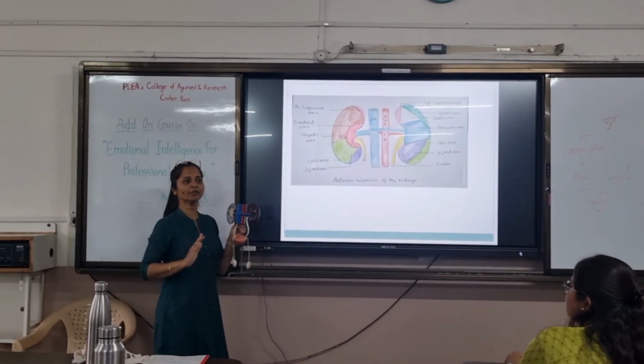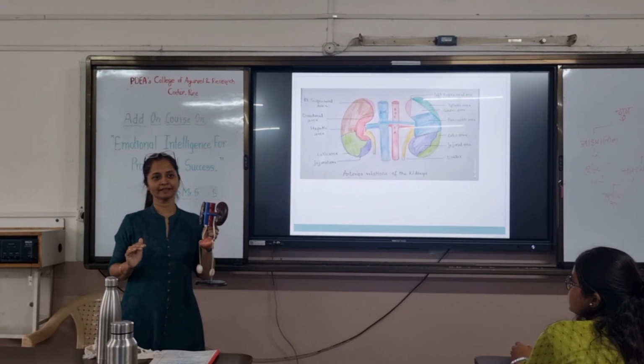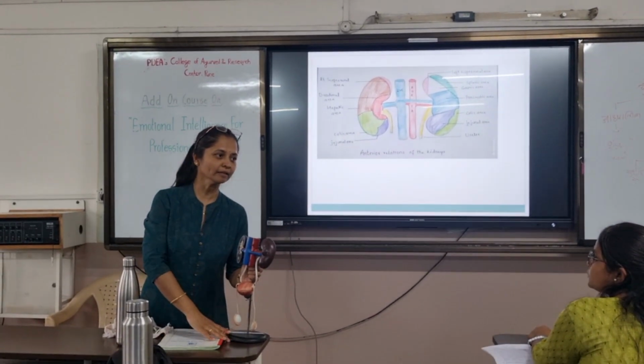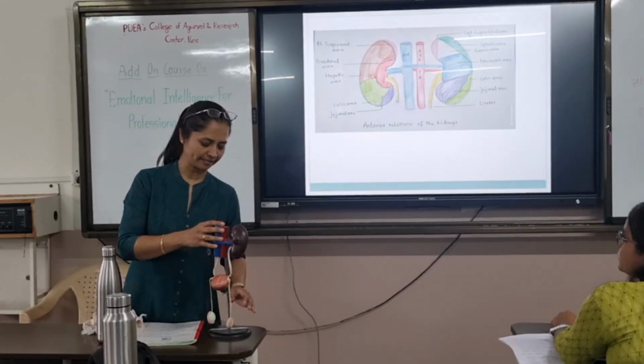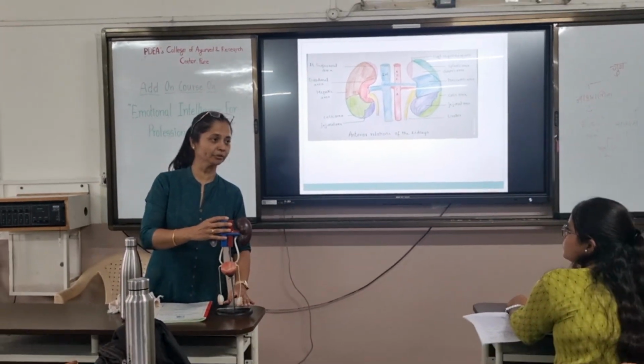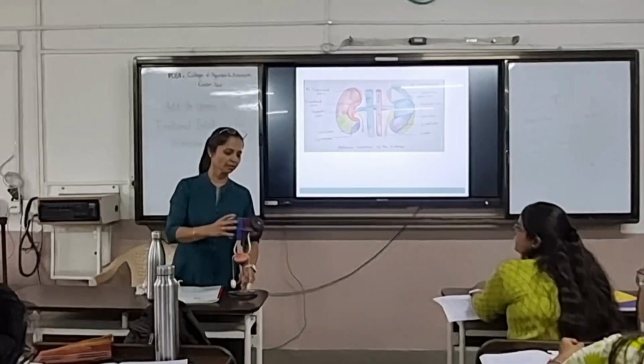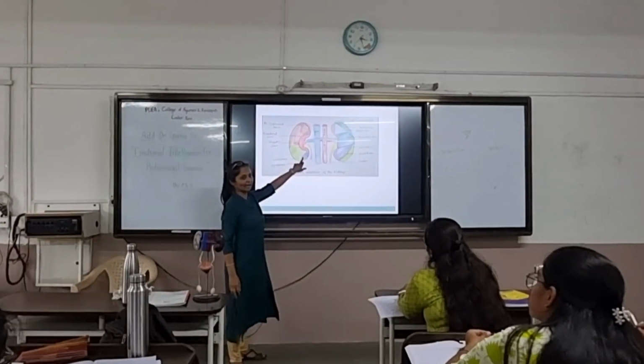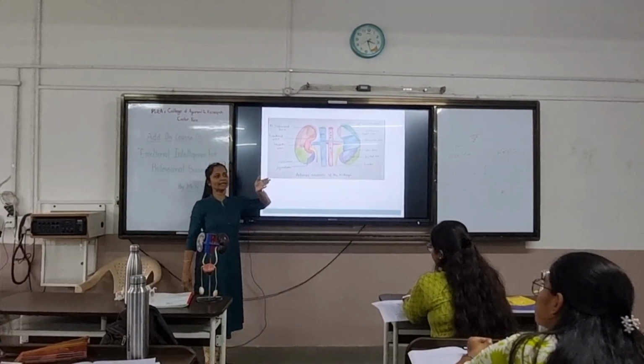Now duodenum, what is it? It is the first part of the small intestine. Then from the duodenum, it will continue as jejunum. So then you will have the impressions of the jejunal coils. And now the jejunum will continue as ileum.